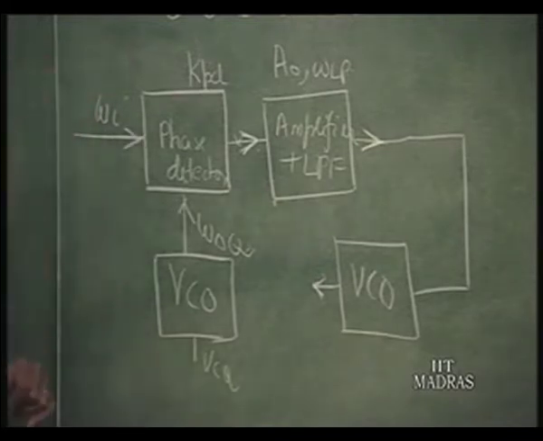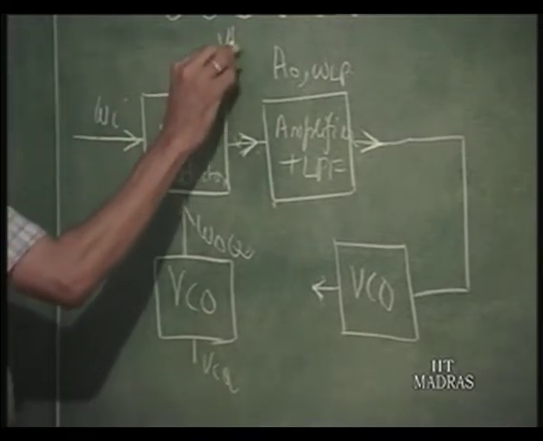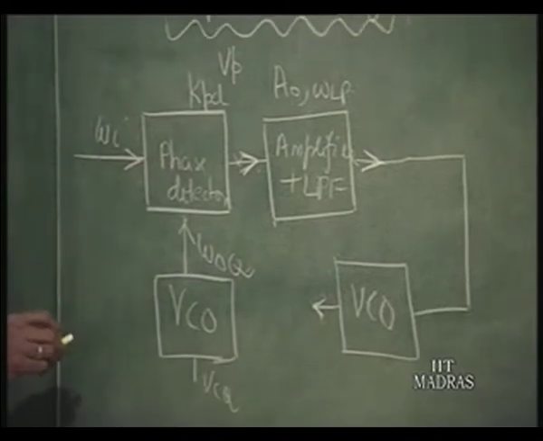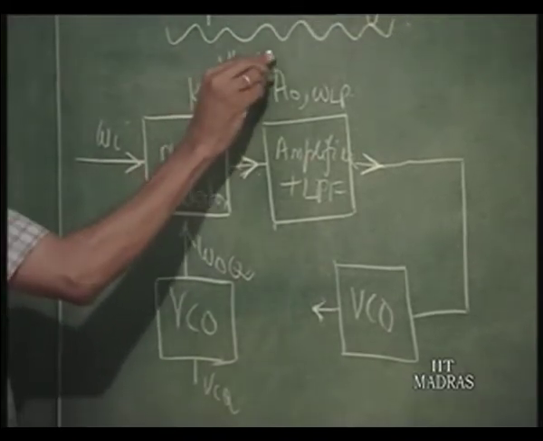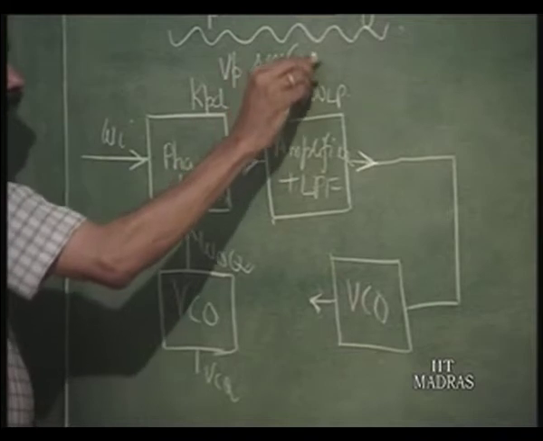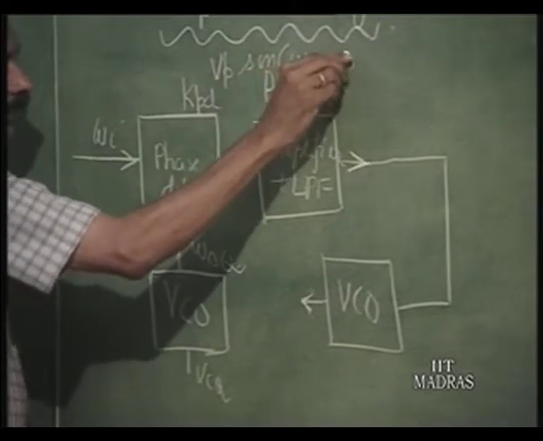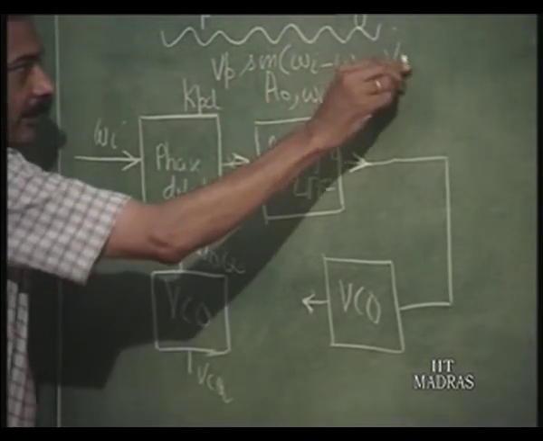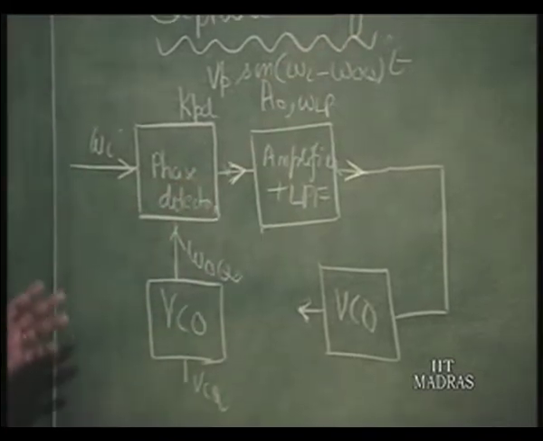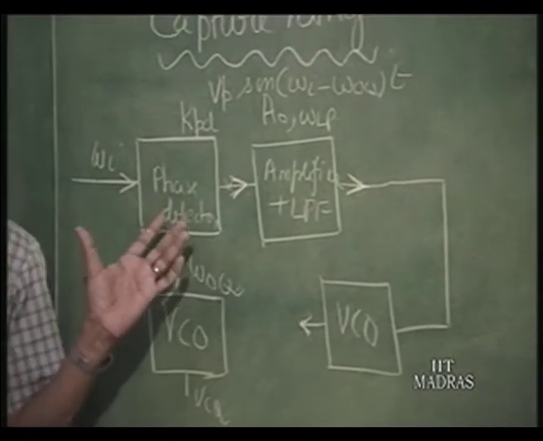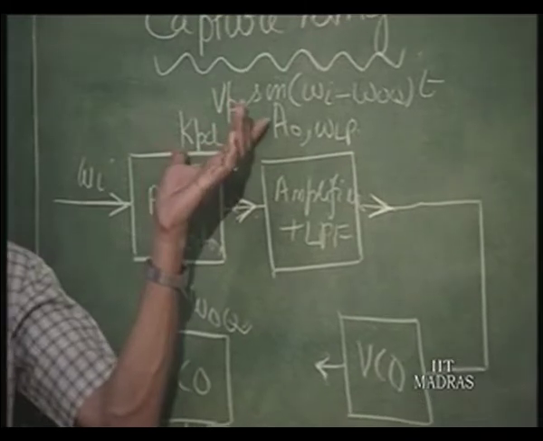So, let us assume the peak amplitude of this is V p and it is a sine wave whose frequency is omega I minus omega naught q t.